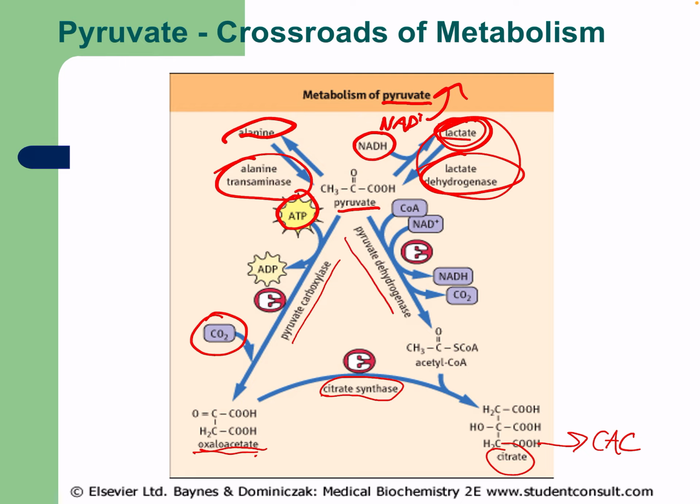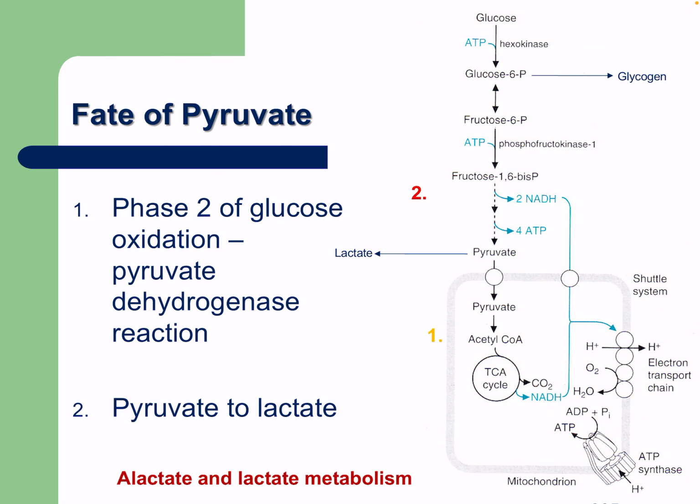Or pyruvate can use pyruvate dehydrogenase, which is the most common, at least in oxidative metabolism, where we form acetyl-CoA: a CoA joins, NAD plus is used, we get an NADH, we produce CO2, and we form acetyl-CoA. Then acetyl-CoA forms citrate via citrate synthase, entering the citric acid cycle. There are many different ways for these pathways to occur. It's not exclusive to one pathway, but you can see that pyruvate is very important as a crossroads of metabolism. Its function is essentially crucial.